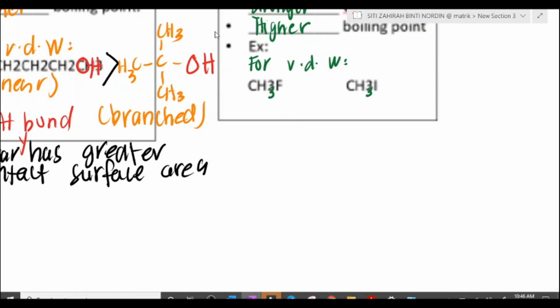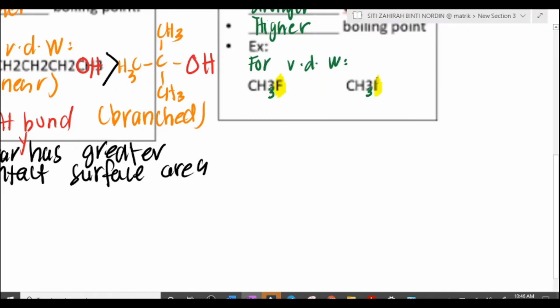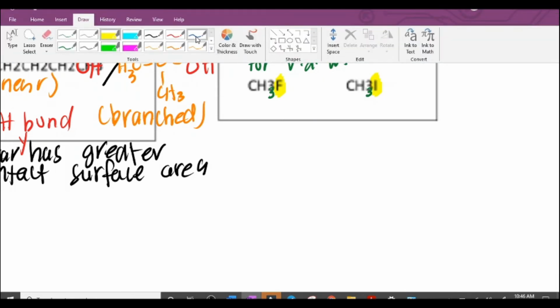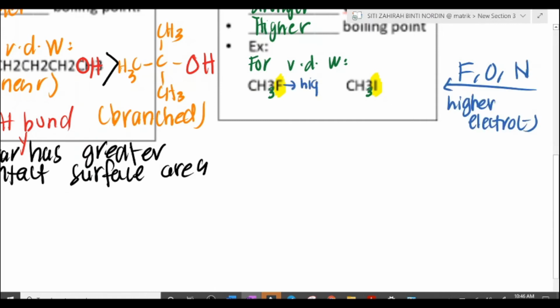The difference is between fluorine and iodine. Which one has the highest electronegativity, class? Always remember the trend. F has higher electronegativity.